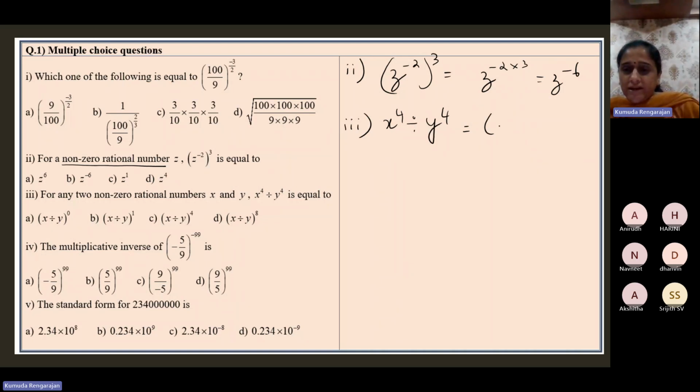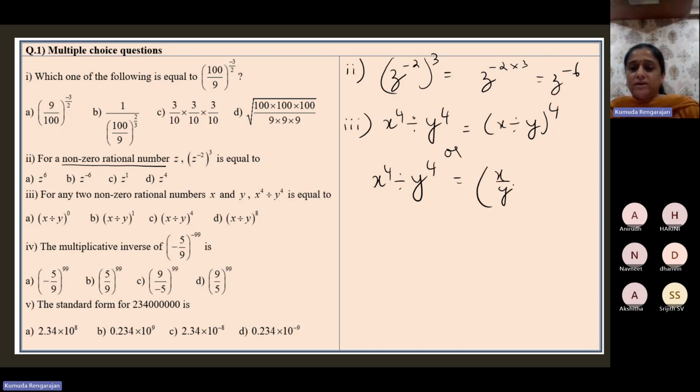So what you do, you write x divided by y and raise both of them to the power 4. You can treat the question like this: x to the power 4 divided by y to the power 4 can also be written as x by y. Sorry, 1 second. I'm in a hurry.